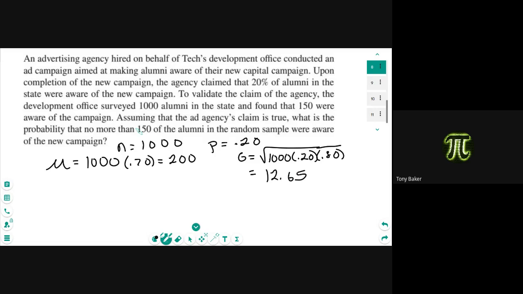So we're testing the claim that 150, right? So my X in this case is 150.